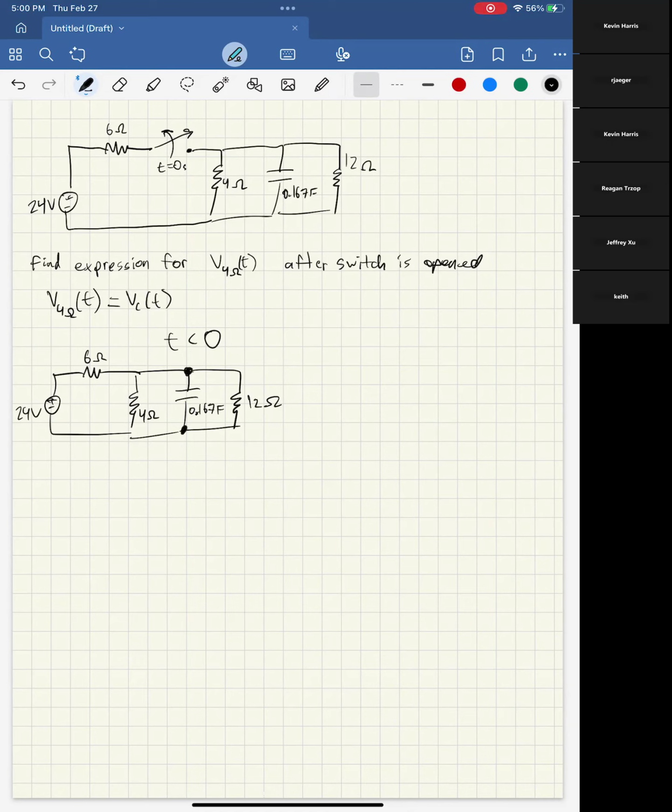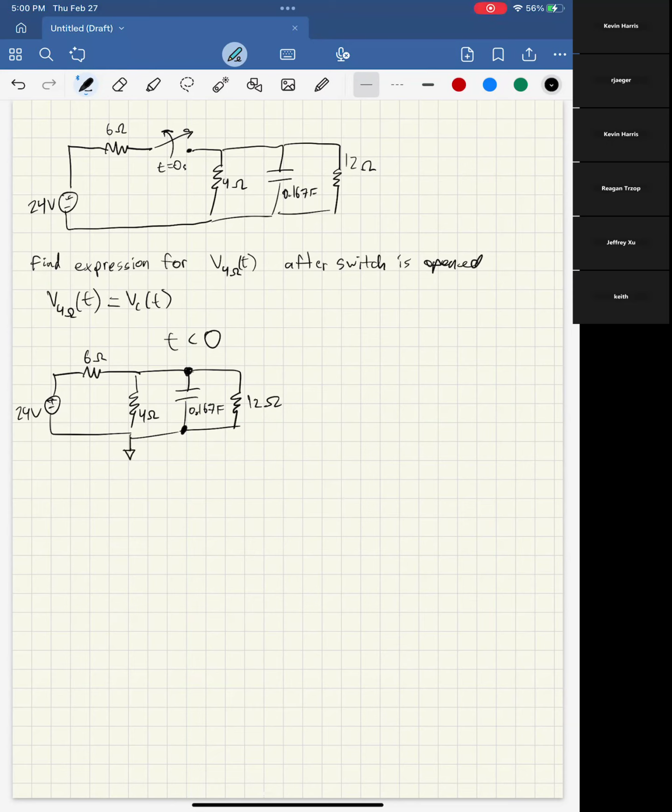So again, you treat the capacitor like it is an open circuit when you are solving circuits, because you can assume that the capacitor has fully charged up and it is no longer letting current through. And so what we see here is, okay, we're trying to find that voltage. So we have to find the voltage on top and the voltage on bottom. And let's say this is ground.